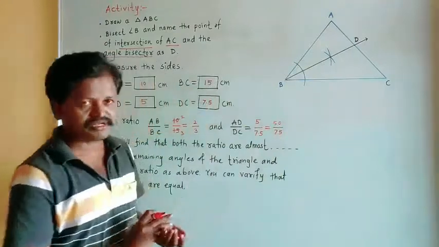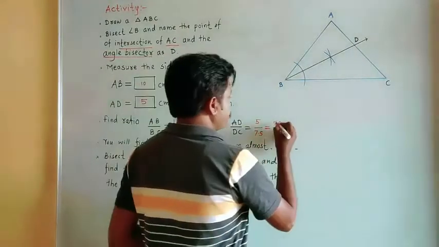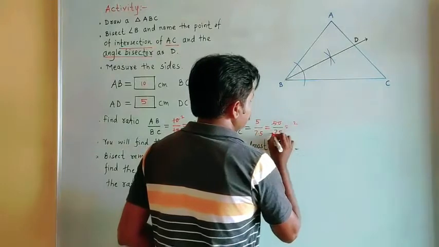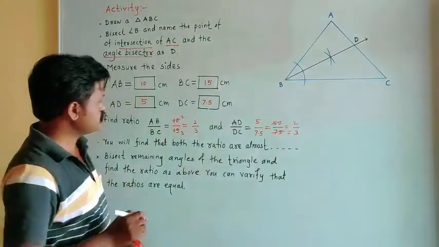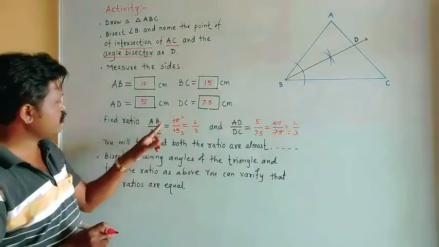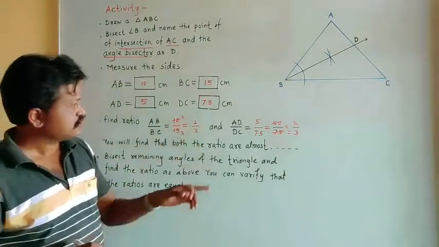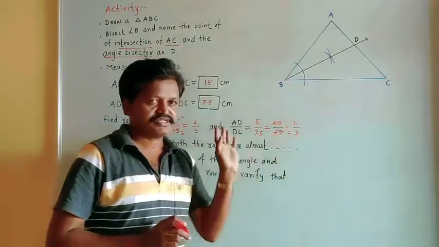So it is a multiple of 25. Divided by 25 you get 2 and 3. So that is 2 upon 3. So look here, ratio AB upon BC is 2 upon 3 and AD upon DC is 2 upon 3.